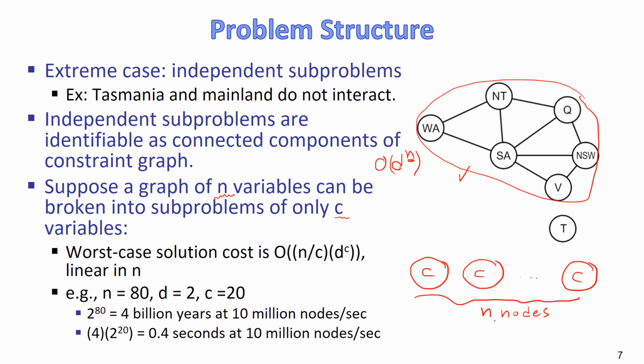That means I have n over c subproblems, because each one has c. Now for each one, what is the worst case complexity? We said if we have n variables, the worst case is d to the power n. So the worst case for each one of them will be d to the power c.